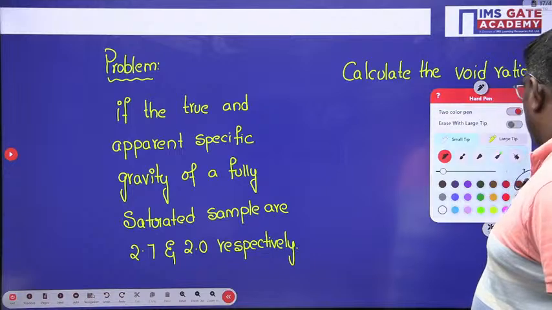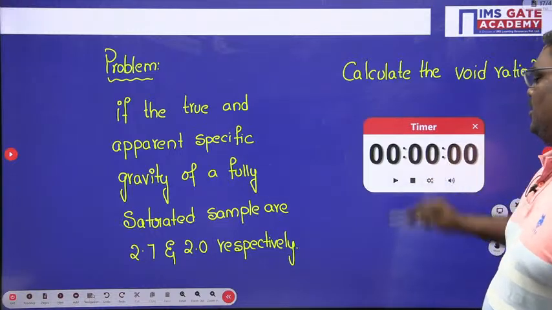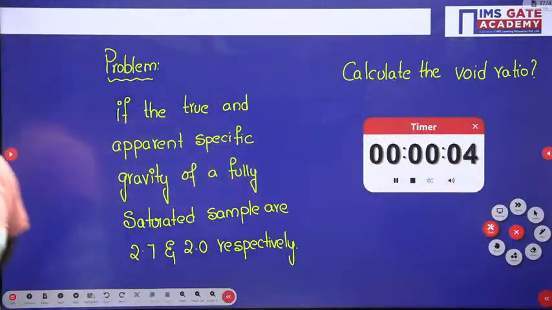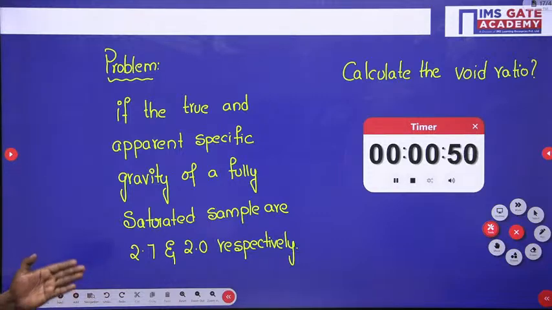One second, students. I'll give you 2 minutes of time. Just go through this problem and please try to solve it. The specific gravity of a fully saturated sample are 2.7 and 2 respectively.